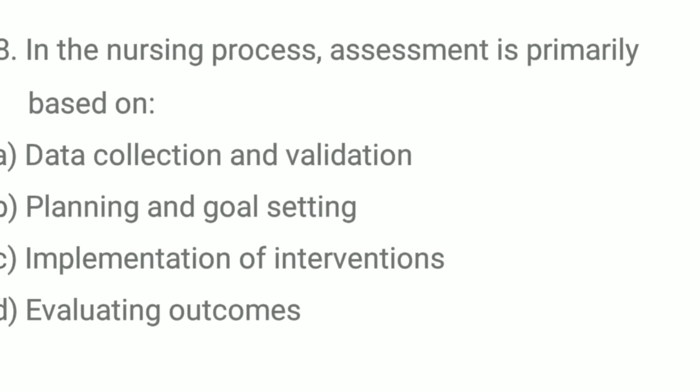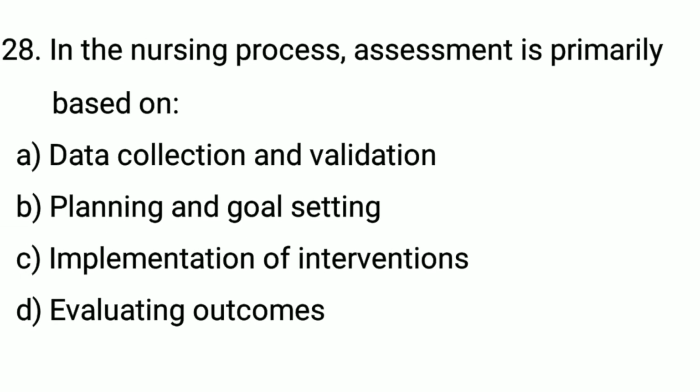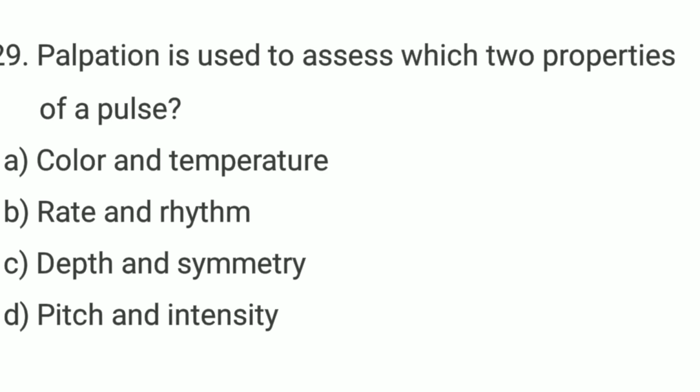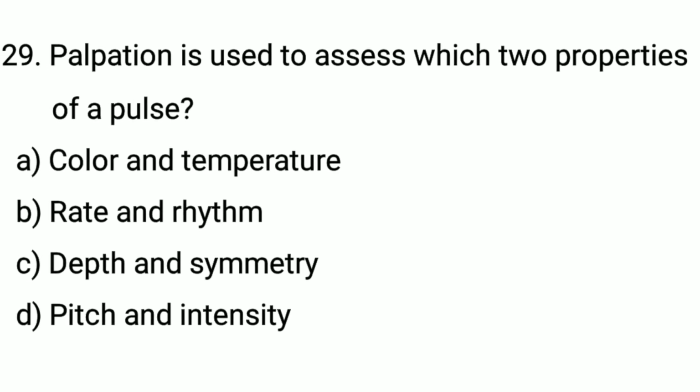Question number 28. In the nursing process, assessment is primarily based on. The right option is option D, data collection and validation. Question number 29. Palpation is used to assess which two properties of a pulse?